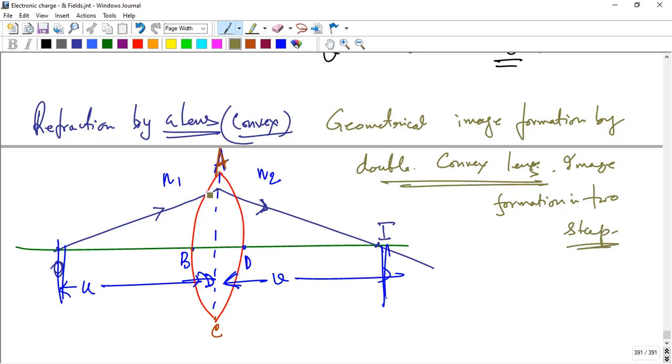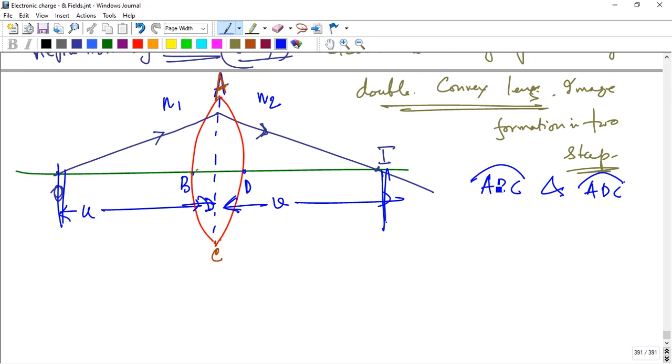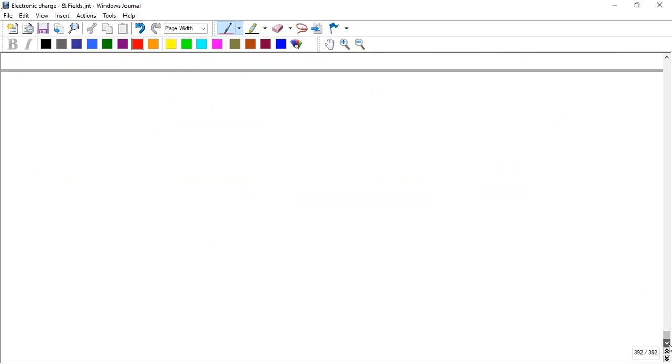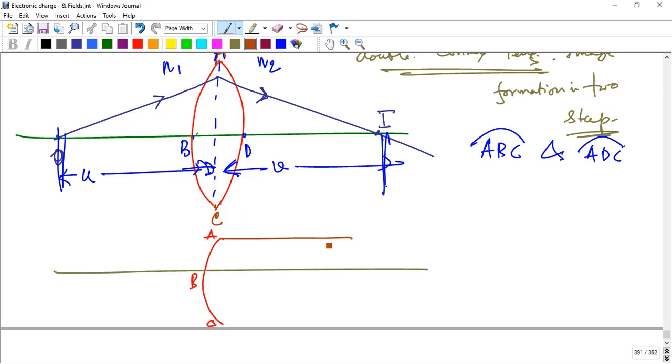The first step is the ABC interface, and the second step is the ADC interface. When you choose the ABC interface in step 1, it looks like this: these are the A, B, C interface, and here the principal axis, and here it is much denser.